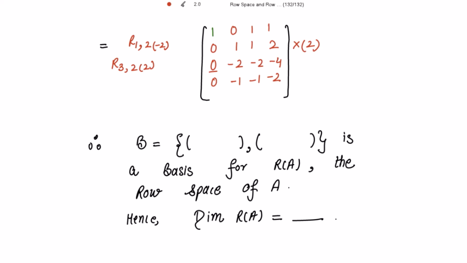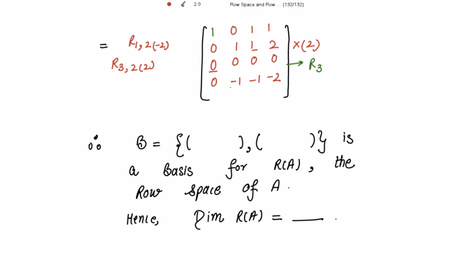There is no change. Please remember, we are changing the elements of row 3, right? Multiplying the second element of row 2 with 2, we get 2, and adding this to minus 2, we get 0. Multiplying 1 with 2, we get 2, and adding this to minus 2, we get 0. Multiplying 2 with 2, we get 4, and adding this to minus 4, we get 0.